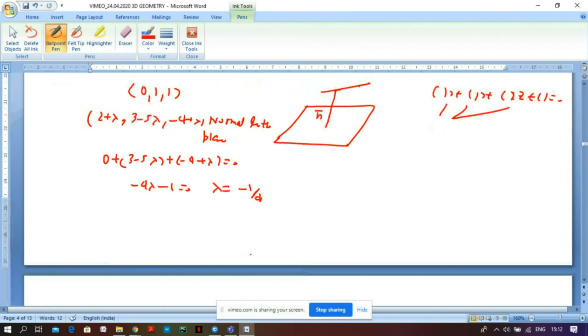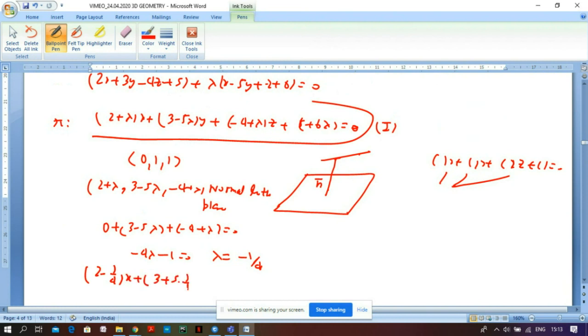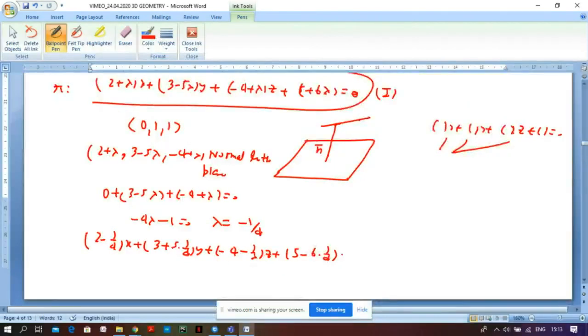All that is left is to find the plane now. So you have the plane as 2 plus lambda times x. So you just have 2 minus negative 1 over 4 times x, plus 3 plus 5 times 1 over 4 times y, plus minus 4 minus 1 over 4 times z, and plus 5 minus 6 times 1 over 4, equals 0.